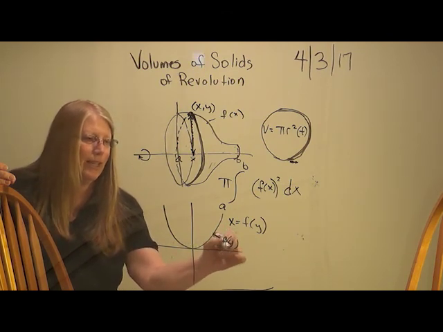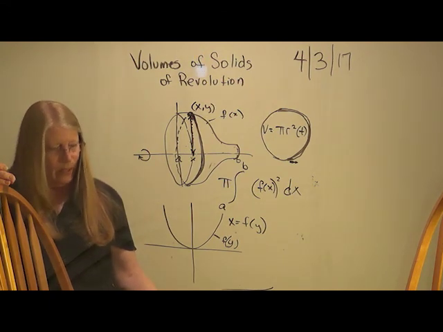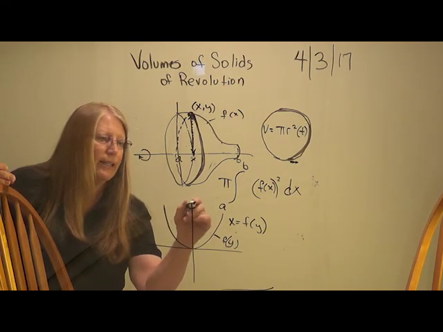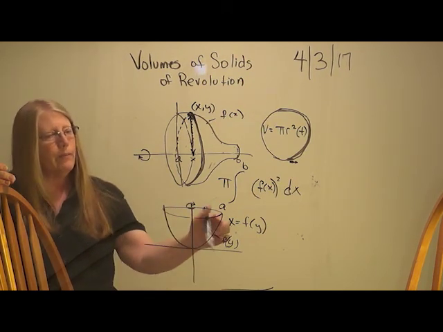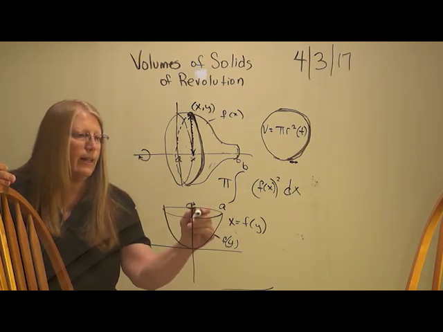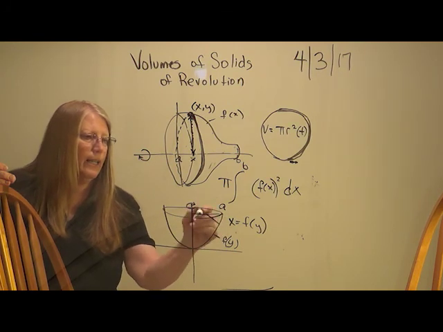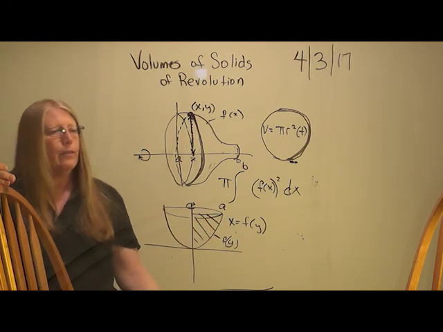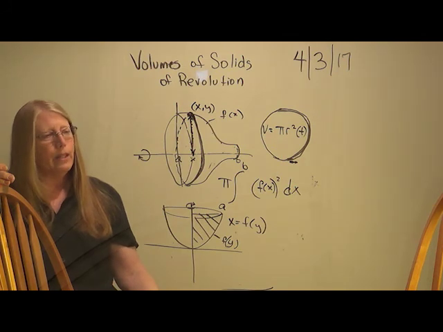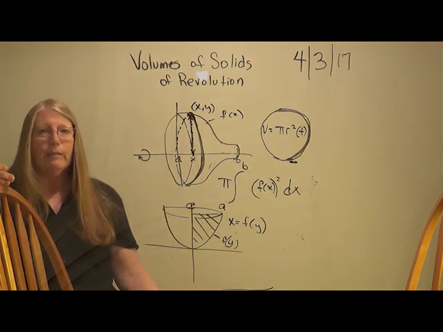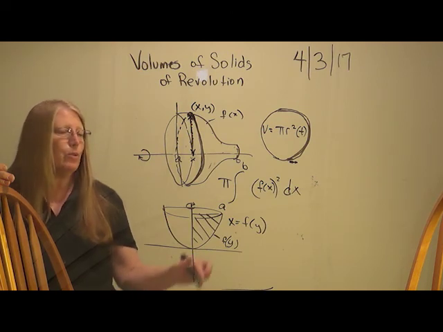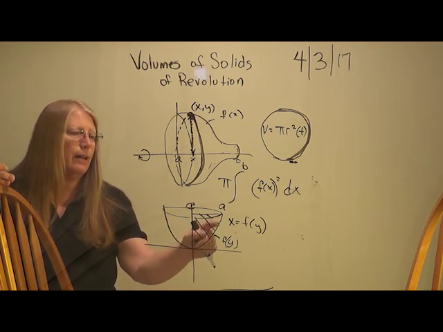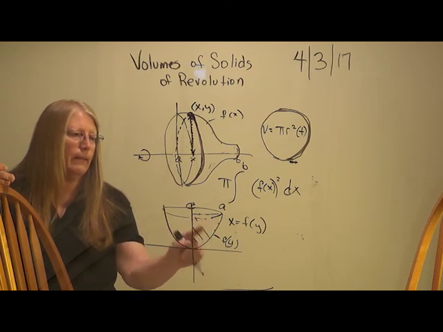Sorry, I'm so used to saying f of x. And I'm going to revolve it around the y-axis this time. So what kind of solid will be formed if I take this area, say right here, and revolve it around the y-axis? Can you see it creates a solid bowl, or maybe a bullet, some sort of object as pictured here.